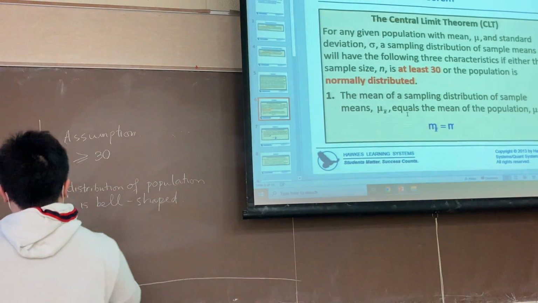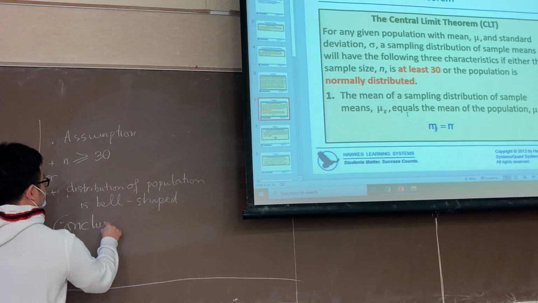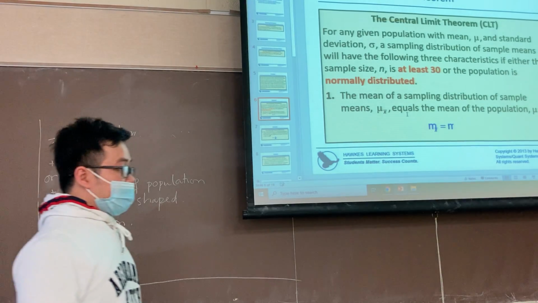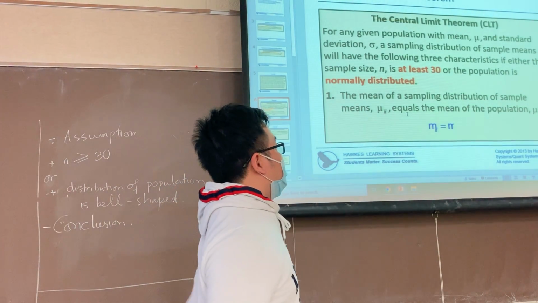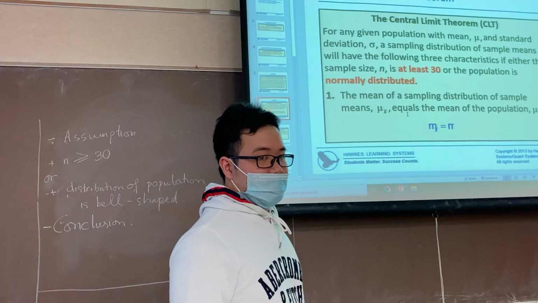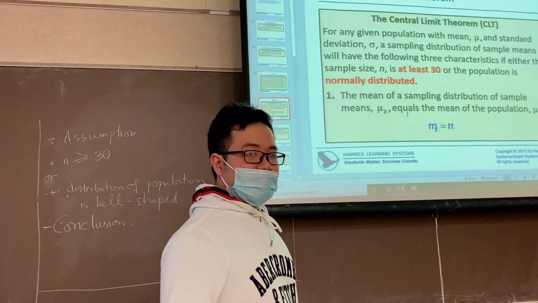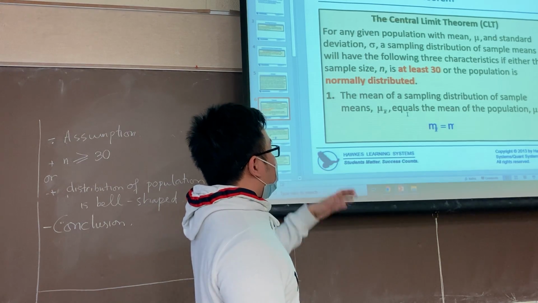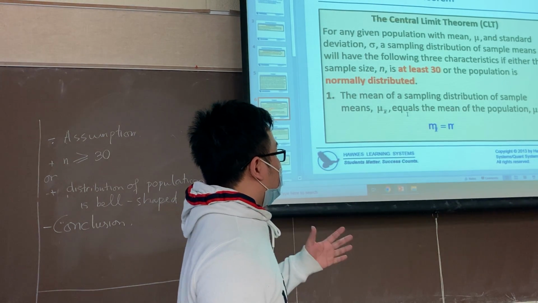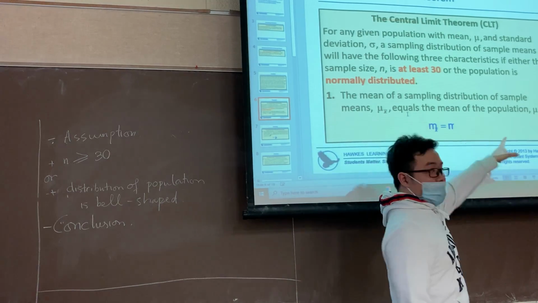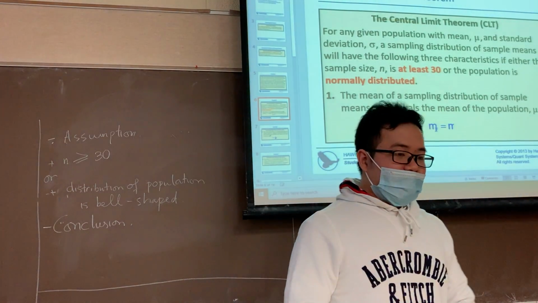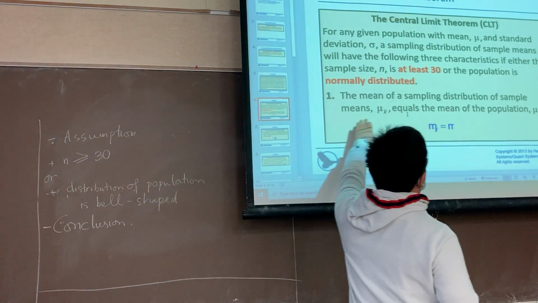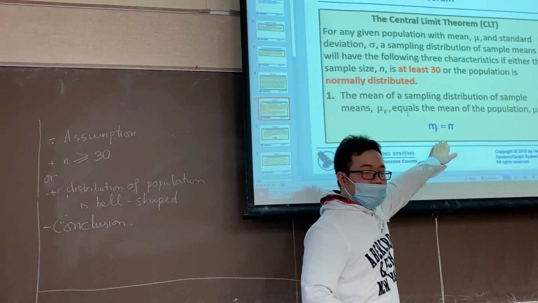What about the conclusion? We have three conclusions. The first one talks about the mean of the sampling distribution. What is the mean of the sampling distribution? They say that the mean of the sampling distribution equals the mean of the population. So if you know the mean of the population, you can say the mean of the sampling distribution is equal.